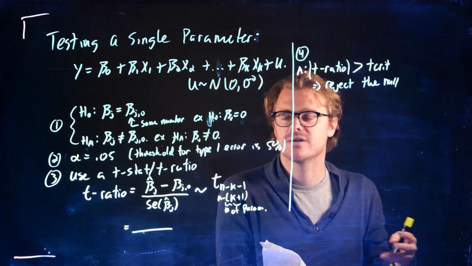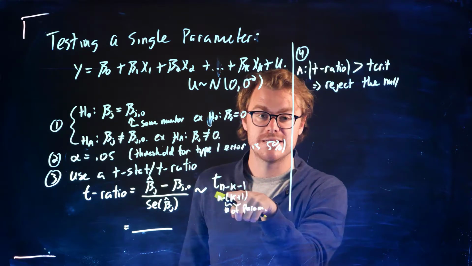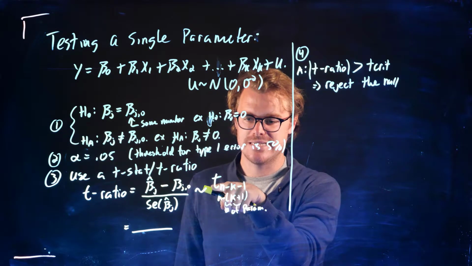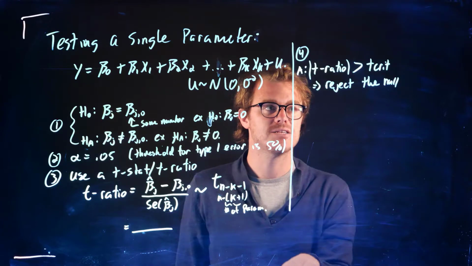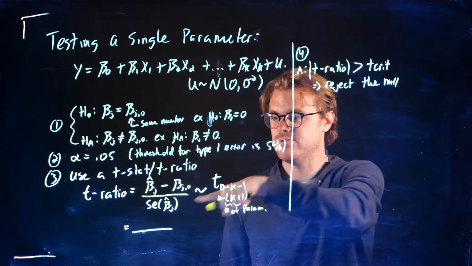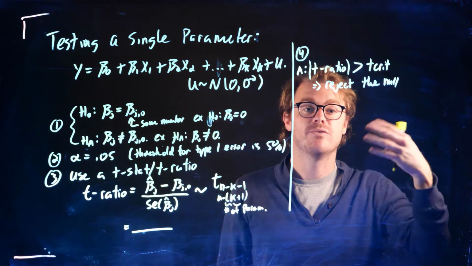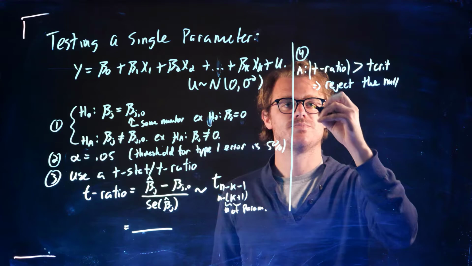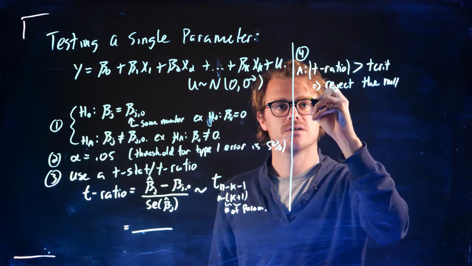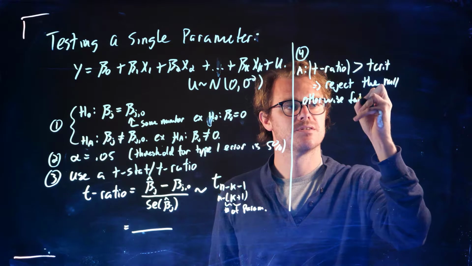I think it's in the back of our book again. You look up the critical value for this t distribution with n minus k minus 1 degrees of freedom, and you'll reject the null if your t ratio is greater than your critical value. Otherwise, you'll fail to reject the null.